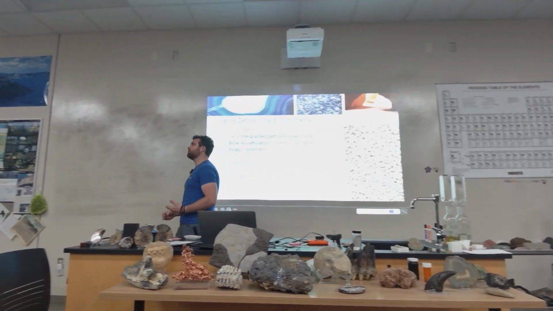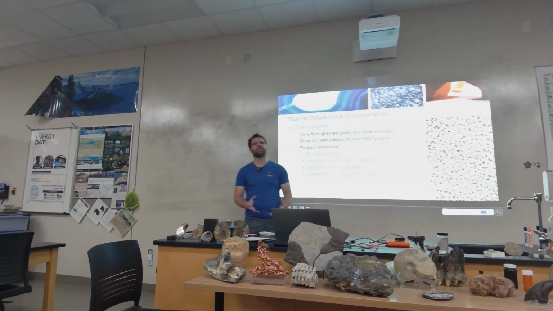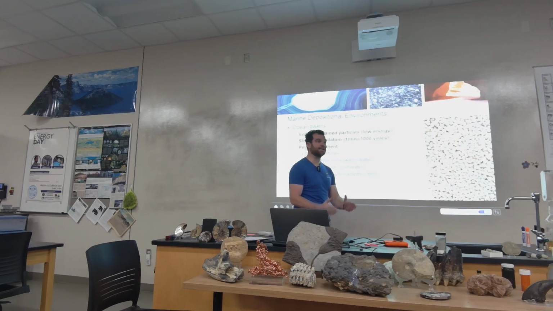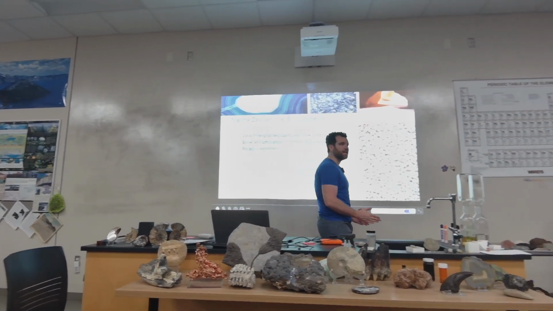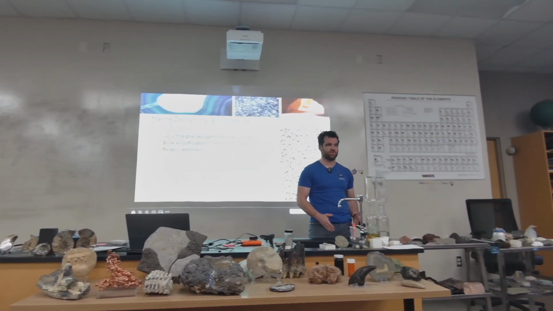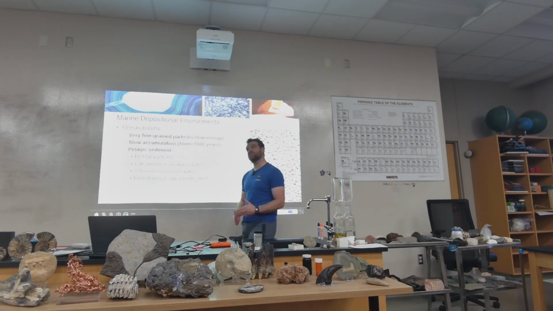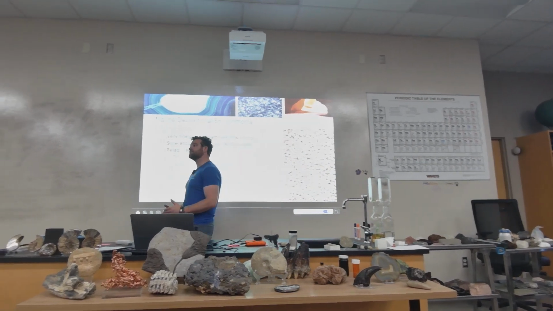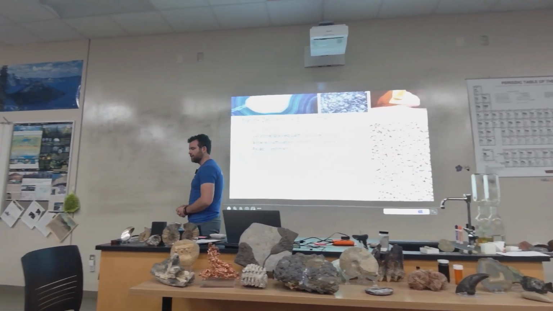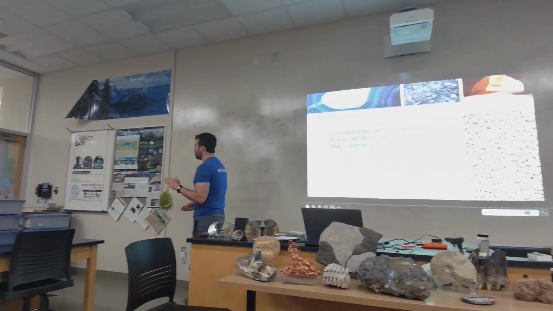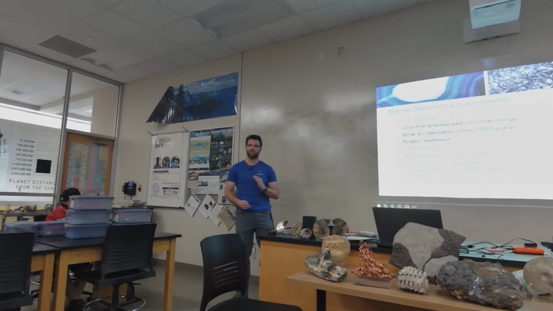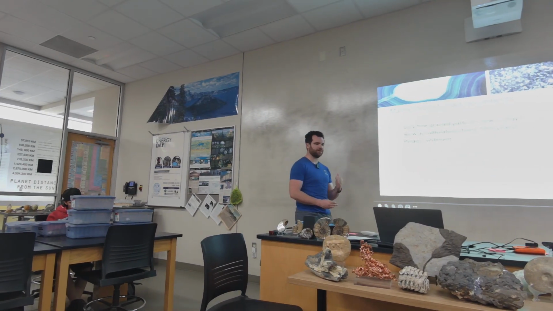But if this pelagic sediment is rich in calcite shells, we call it a calcareous ooze. If it is rich in silica shells, we call it a siliceous ooze. Now, I gave you a clue before as to why I would have shells made out of calcite versus shells made out of silica.